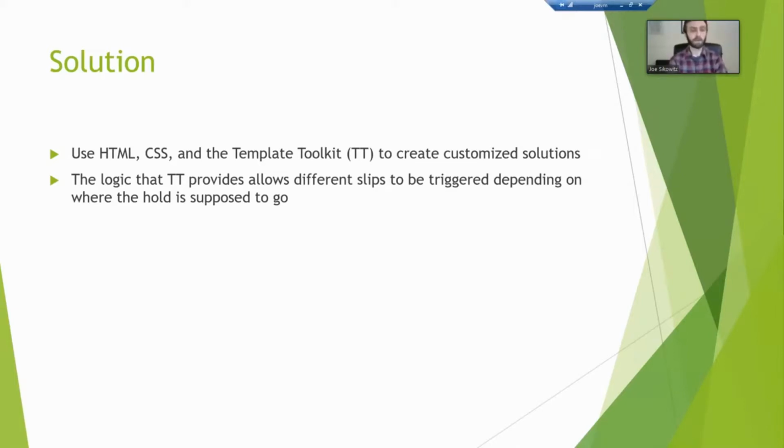So in our case, we were looking at holds, but it could be for other variables or other factors. And the HTML and CSS we used were for some basic formatting, and then the template toolkit was basically just used to determine which slip to print out. And we're going to go in depth on how we did that.